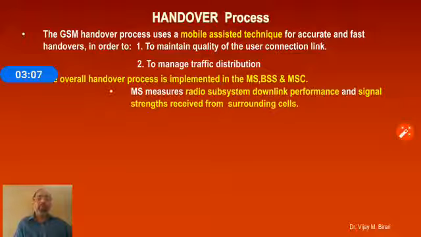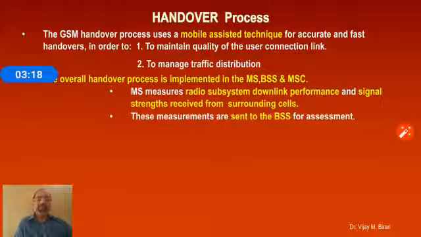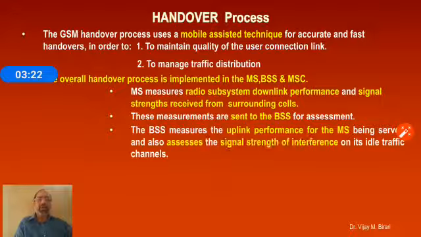At the mobile station unit, it measures the radio subsystem downlink performance and the signal strength received from the surrounding stations, and these measurements are sent to the BSS. The BSS measures uplink performance for the MS being served and also assesses the signal strength of the interference.